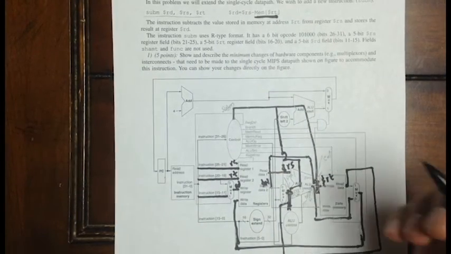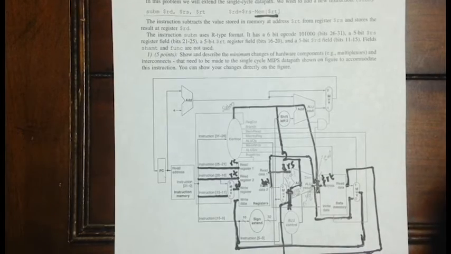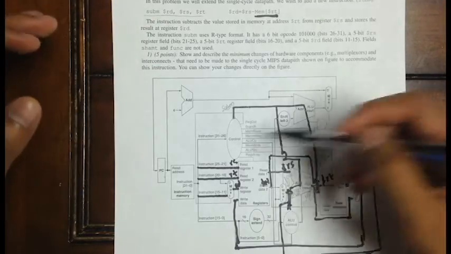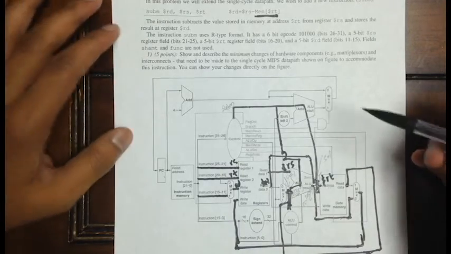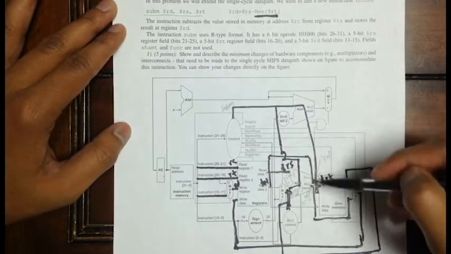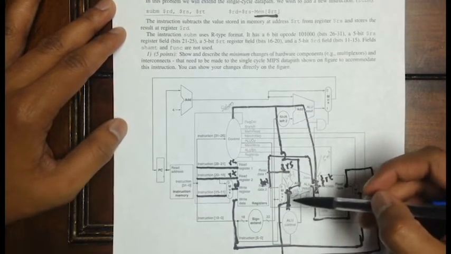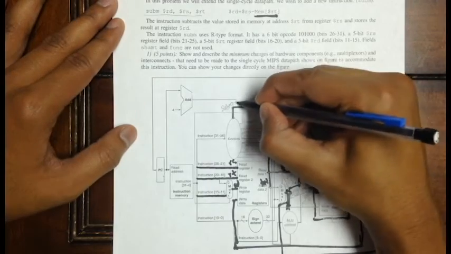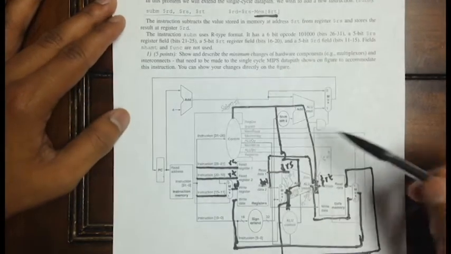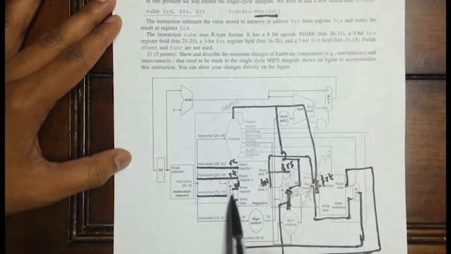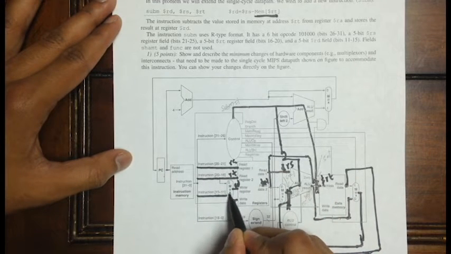So what we want to do now is add a few control signals. For sub m, we know that this entire thing is not going to work if sub m is not equal to 1, because we need our signals to be 1 in order for sub m to work. So sub m equals 1. Register destination. What do we want our register destination to be? We want it to be 1.